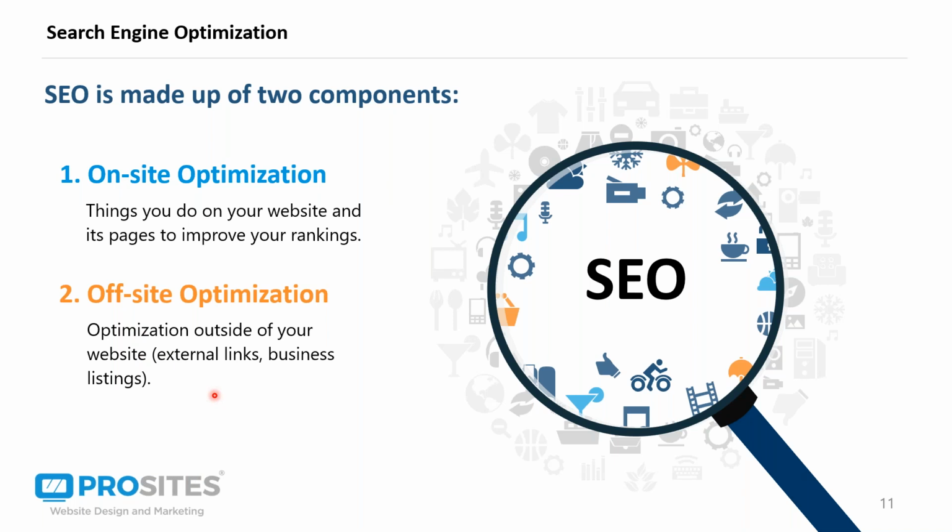So that would include things like Yelp or Facebook or any sort of business listings like Yellow Pages, or YP, or Google Maps as well. That's technically a site that links to yours, so you would be doing some things on that one as well.